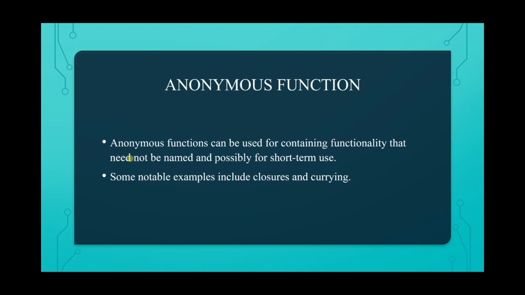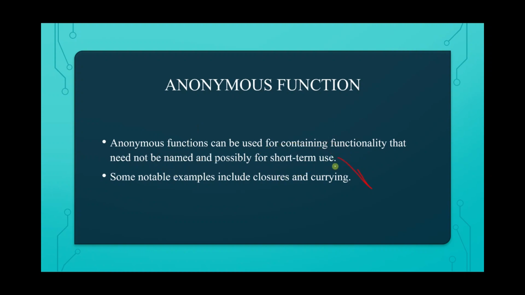They can be used for containing functionality that need not be named, and possibly for short-term use. So we can have them in a function call, for use specific to that function call only, not for any other use inside the other code of your program.